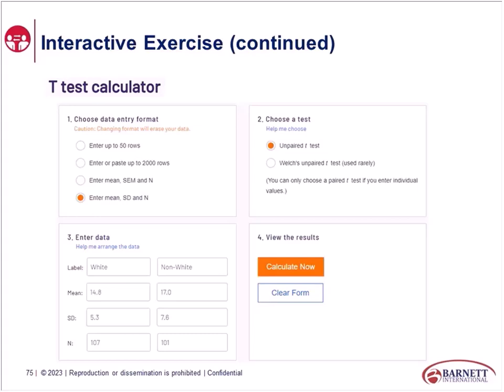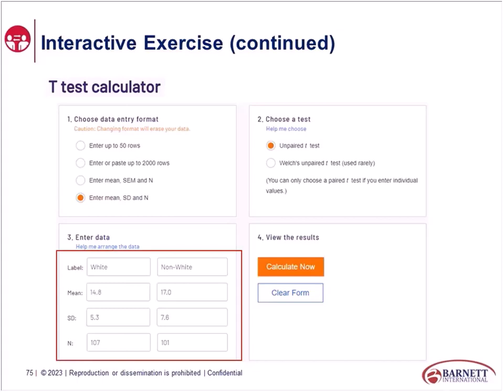This is a good way to actually be able to do some basic statistical analyses. QuickCalcs allows you to choose whether or not you want to enter data. You can enter raw data, or you can enter the mean, standard deviation, and the sample size. And that's what I did here. For example, I entered white, non-white, the two means, two standard deviations, and a sample size.